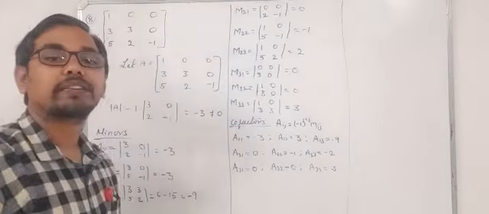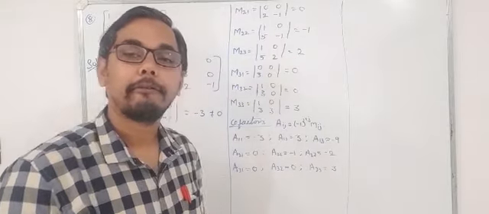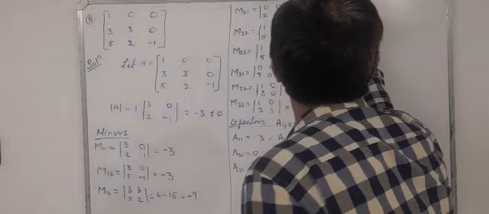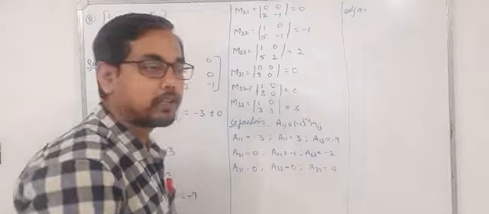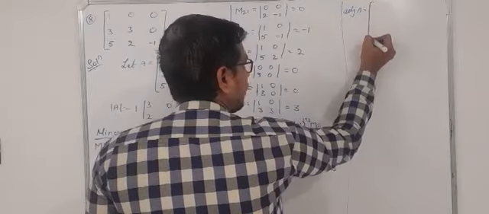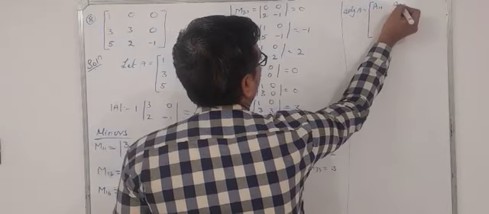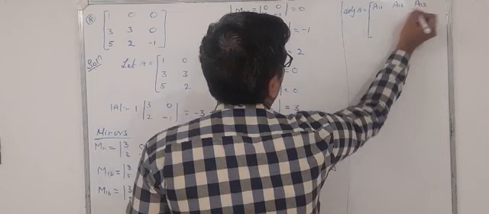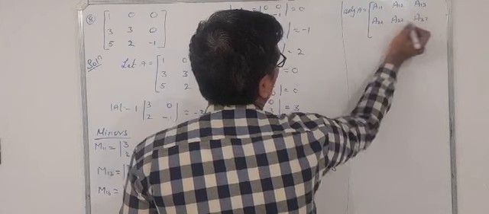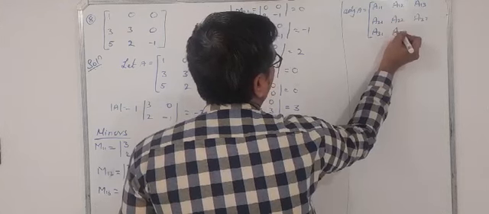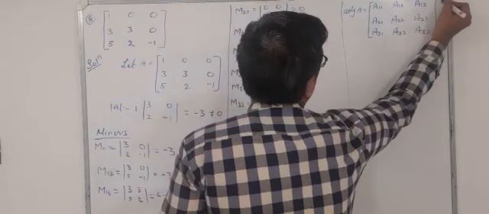These are the minors and cofactors. Now, with the help of this, let us find adjoint A, and then we will find the value of A inverse. Adjoint A is nothing but the matrix A11, A12, A13, A21, A22, A23, A31, A32, A33, transpose.